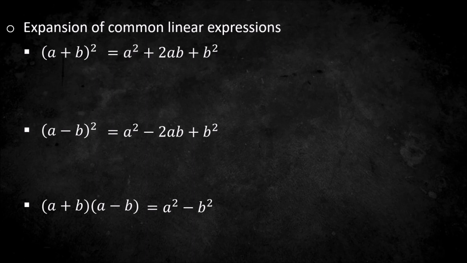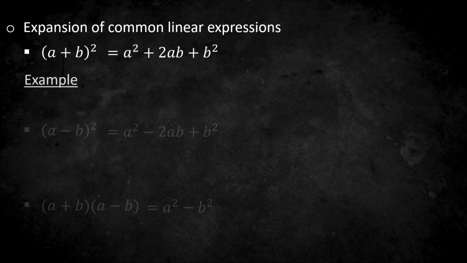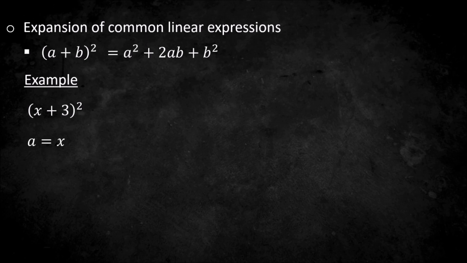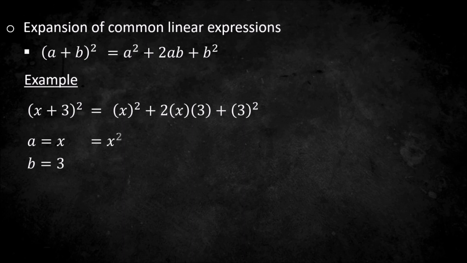Let's look at how to use these results using some examples. For the first example, it is in the form of a plus b squared. By substituting a equals x, and b equals 3, the result is x squared plus 6x plus 9.